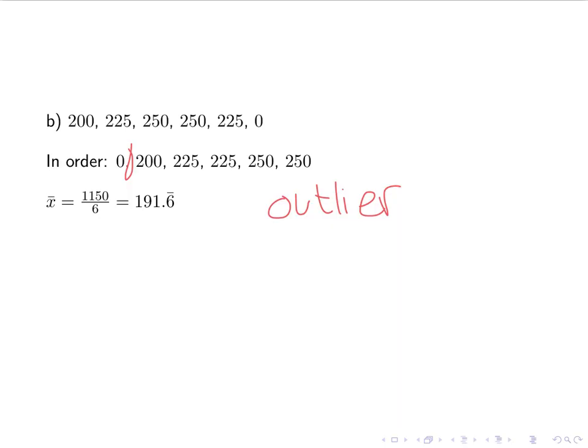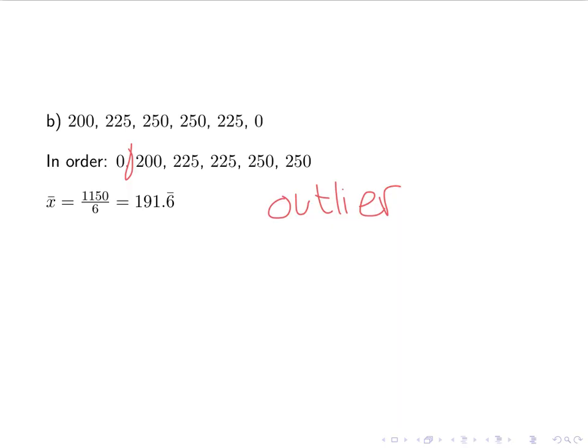So as I said, our mean here is 191 2/3, which is a lot lower than most of our values. Not a lot lower, but lower than most of our values. Like I said, it's only bigger than one of them. So we're going to see how this affects our measures of center if we have an outlier.